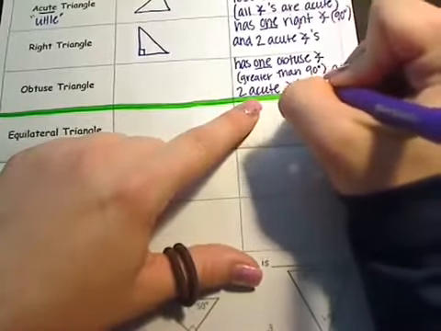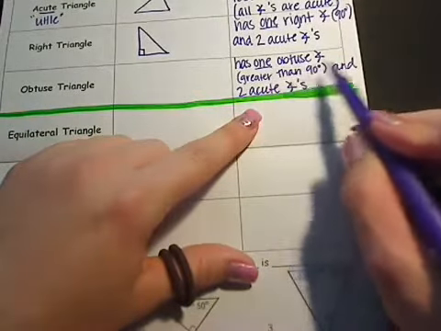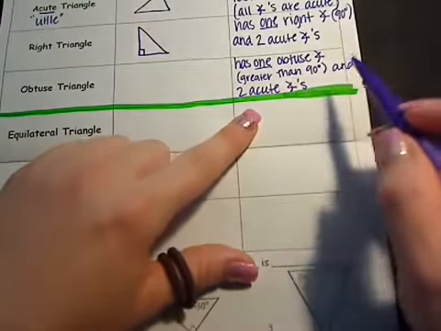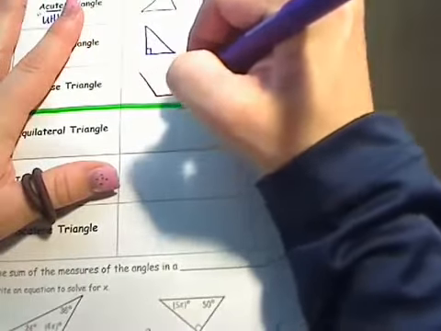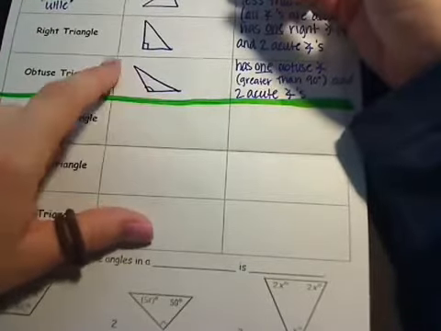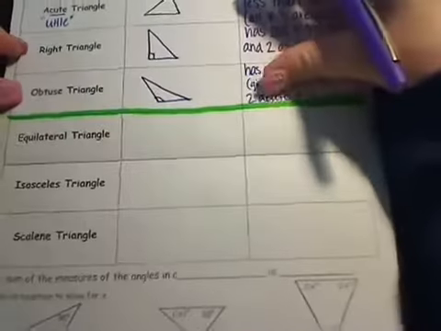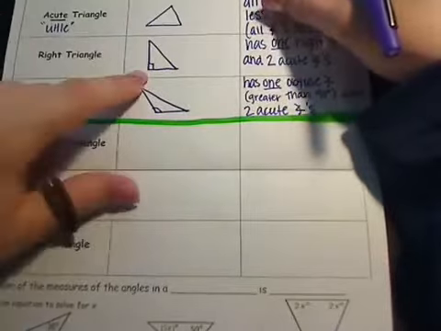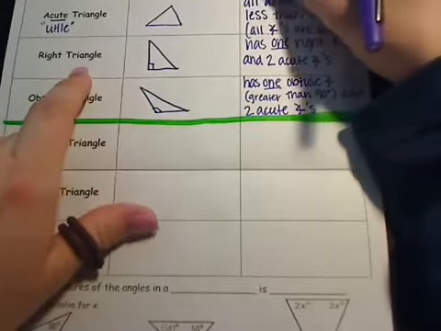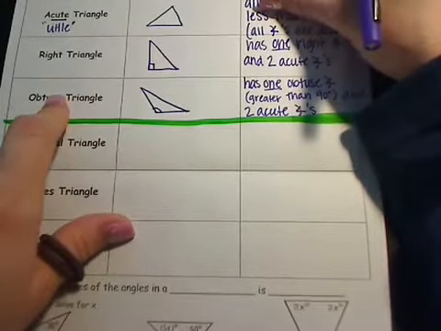So it has one obtuse angle, which is greater than 90 degrees, and two acute angles, which are less than 90 degrees. If I were going to draw an obtuse triangle, it may look something like this. That angle right there is greater than 90 degrees. It goes past 90 degrees. These two triangles are the easiest ones to spot. If you see a right angle, it's automatically a right triangle. If you see an obtuse angle, it's automatically an obtuse triangle.